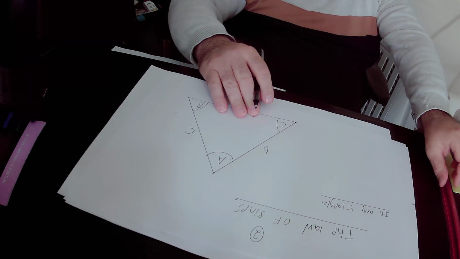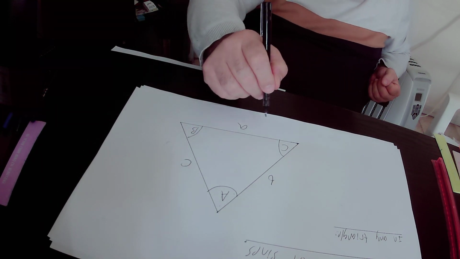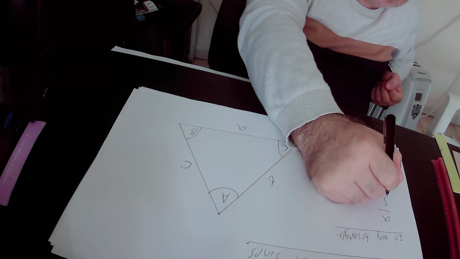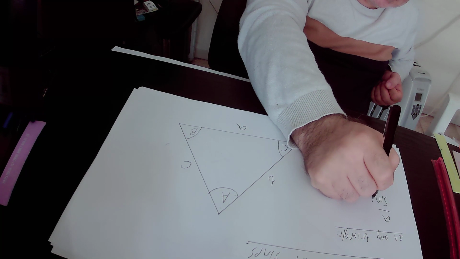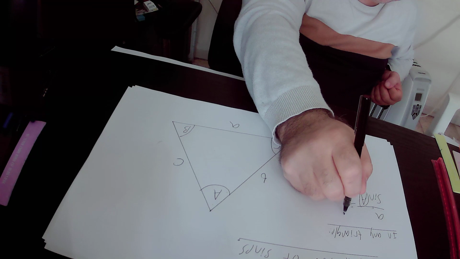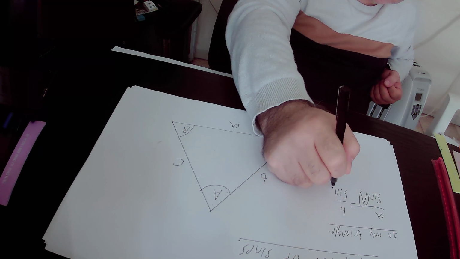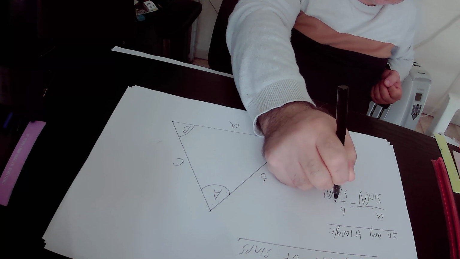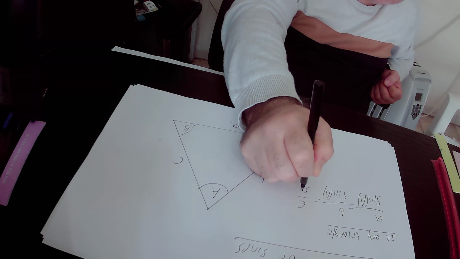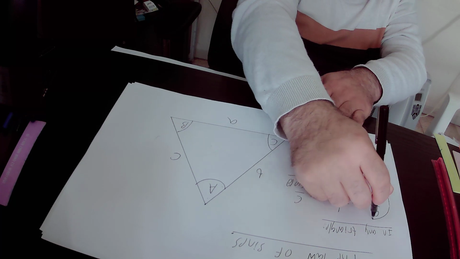Then, according to the law of sines, a over sine A equals b over sine B equals c over sine C. Okay, I'll repeat again.